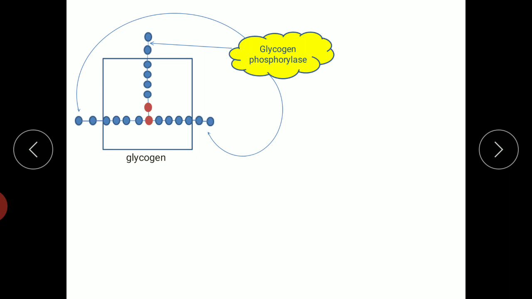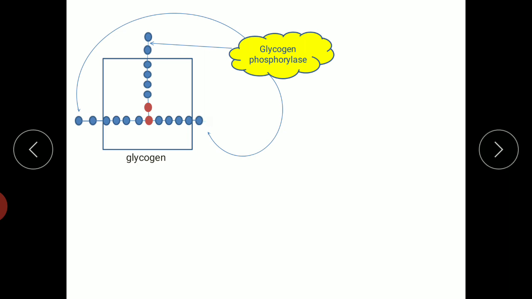You can see three arrows there. So from all sides, glucose molecules are removed by breaking alpha 1,4 glycosidic bonds by the enzyme glycogen phosphorylase, and the molecules are released in the form of glucose 1-phosphate and not in the form of free glucose.